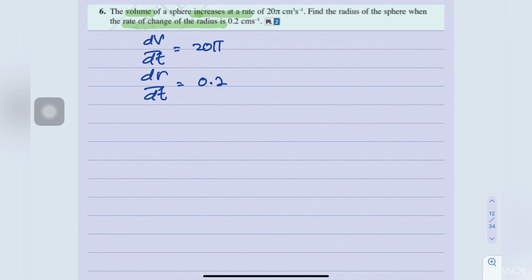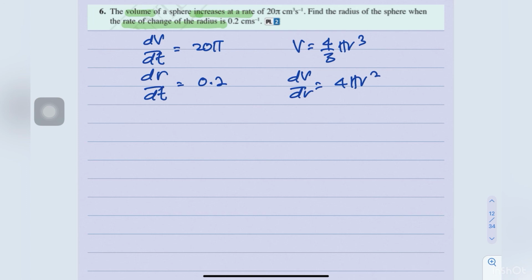So now this question is talking about the volume of a sphere. So we have the formula, volume of sphere, V equals 4/3 pi r cubed. So V in terms of r, we differentiate, we get dV/dr equals 4 pi r squared.